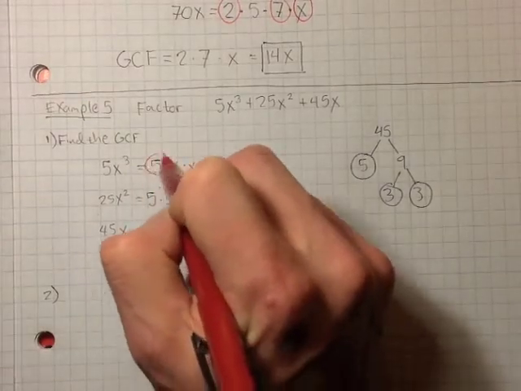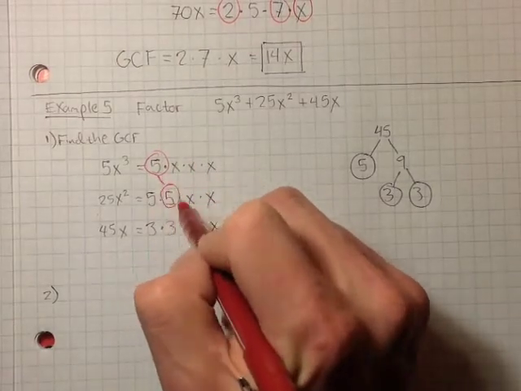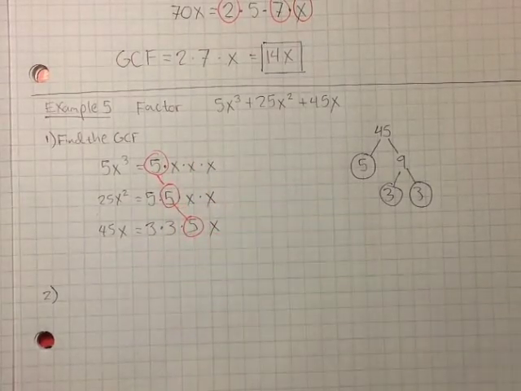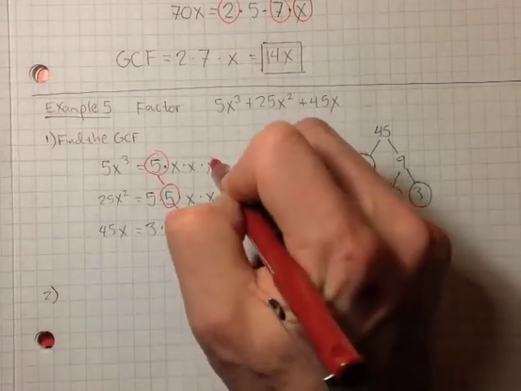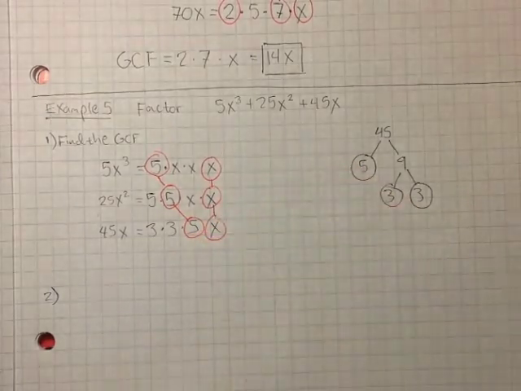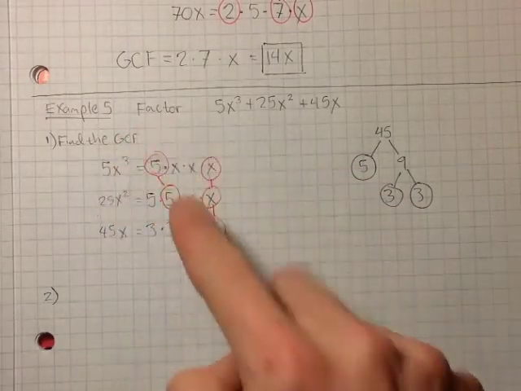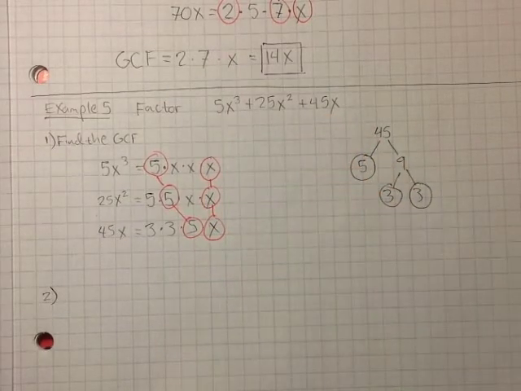There's a 5 here, there's a 5 here, there's a 5 here. So I'm going to connect all three of those with a line. What else is in common? Well, there's an x in common. So I'm going to circle the x, circle the x, circle the x, connect them with a line. That is all that is in common among all three of these.